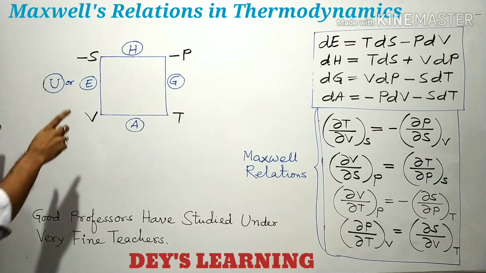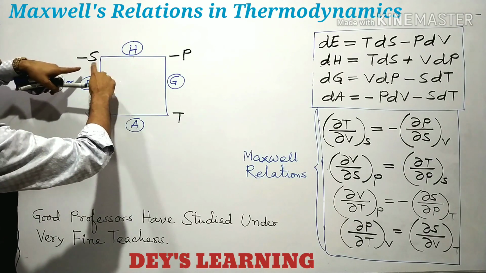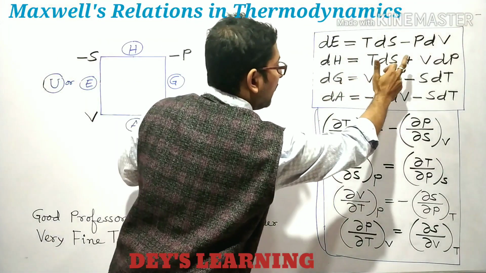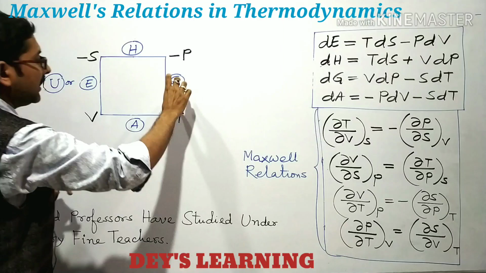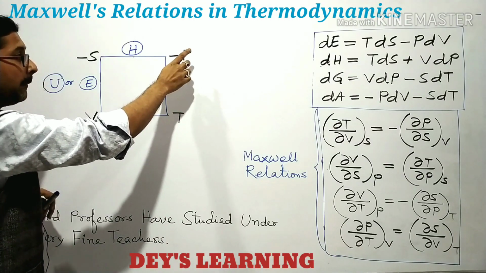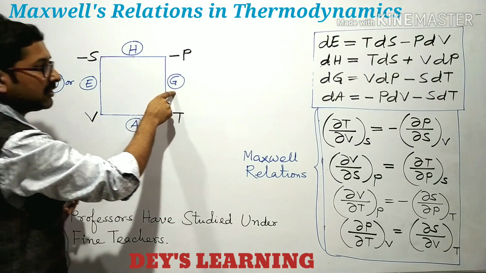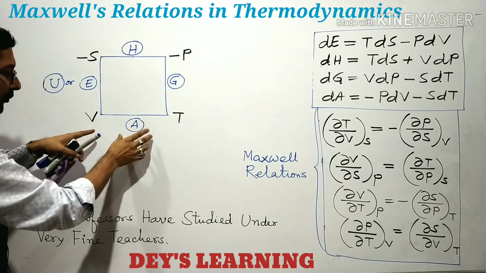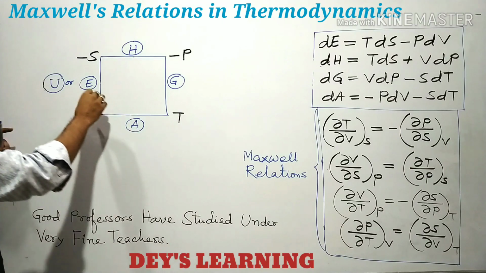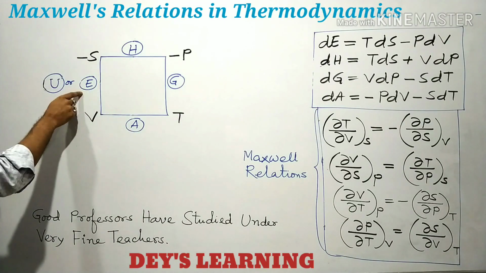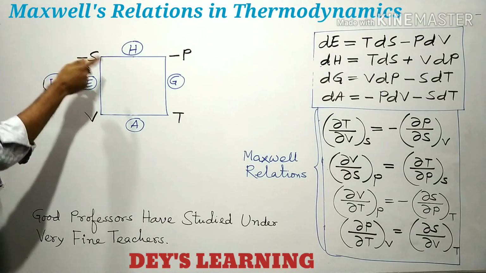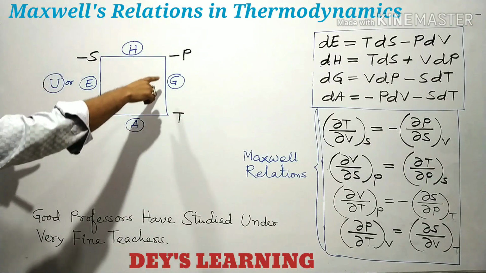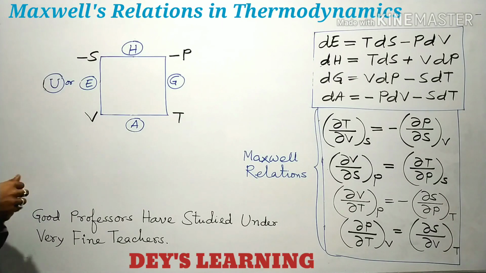Now importantly, this H is placed between S and P because H is a function of entropy and pressure. Now G is placed between pressure and temperature because G is a function of pressure and temperature, and so also Helmholtz free energy depends on volume and temperature, and internal energy depends on entropy and volume. So these four are placed at the middle of the edges of the square.